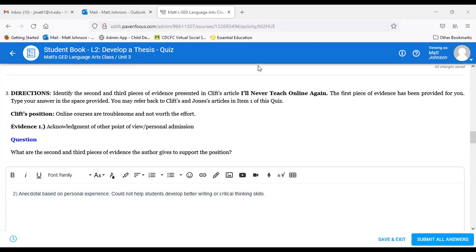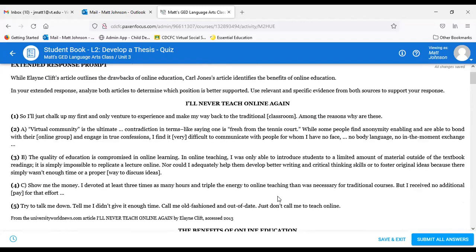Okay, and then the last one, or this third one, I guess I should say. Let's go down here, 3. What is her third claim? Her third piece of evidence.